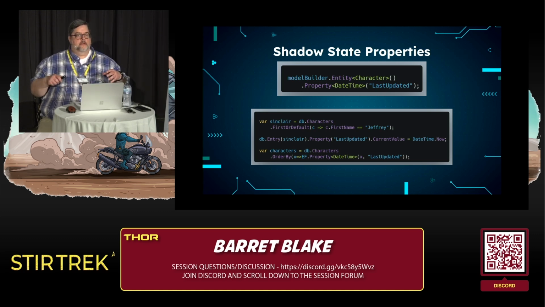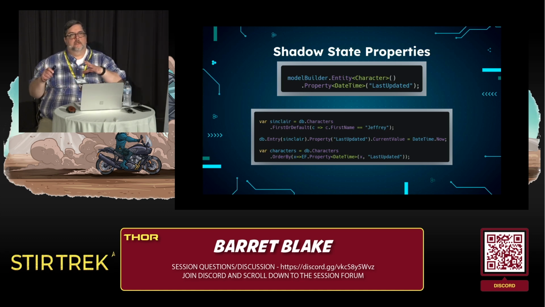So what Entity Framework has done is it's introduced this concept of shadow state properties. Again, this is something that's maintained entirely in the context class. And what you do is you define in your model builder a property, you give it the type and then give it the name. In this particular case, with the example that I have on the screen here, I've got this field called last updated.